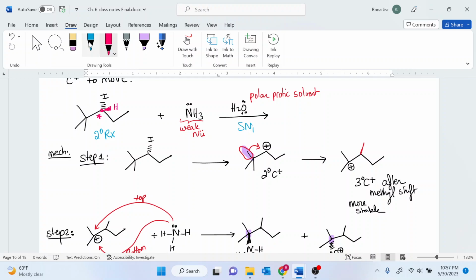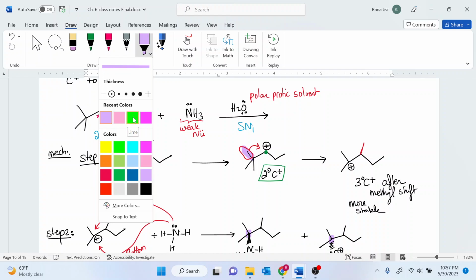This is going to be the first step. So iodine is lost, and you're going to make your carbocation in this case. The carbocation is a secondary carbocation. Now you're going to pause, and you're going to ask yourself, can I make it more stable? To make it more stable, you have to look at two adjacent carbons.